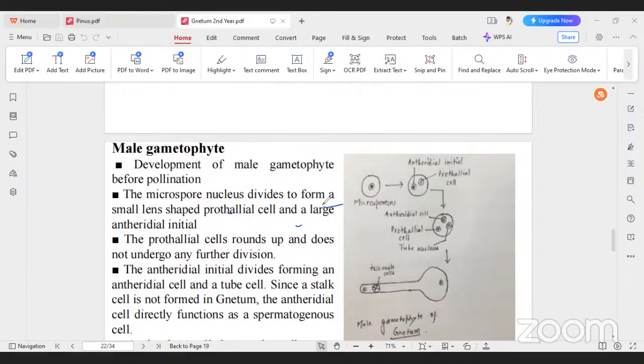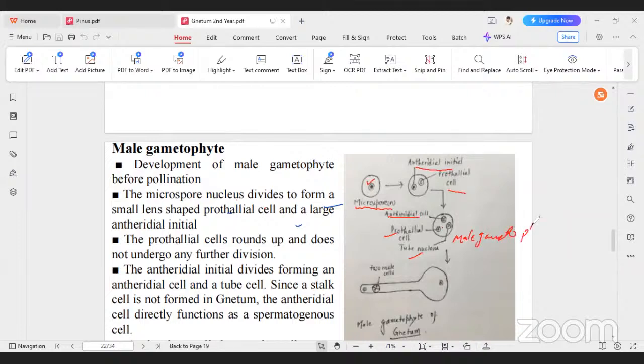This microspore is single, with one nucleus. Later it divides into two nuclei: the antheridial cell and the prothallial cell. Later it divides again into three cells: antheridial cell, prothallial cell, and tube cell. Now it is called the male gametophyte.